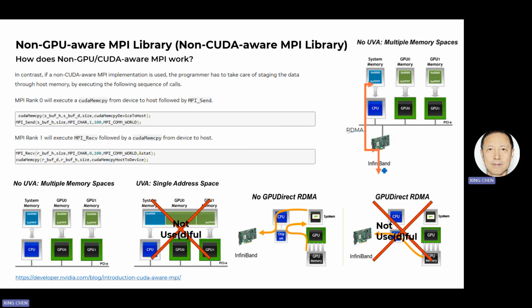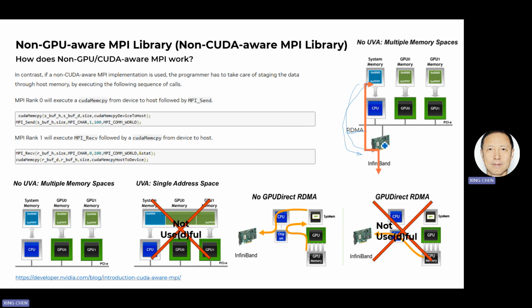On the other side, the receiver's adapter is going to use this RDMA feature and put the data back into the system memory. Traditionally, MPI works this way, and MPI works only with the system memory.